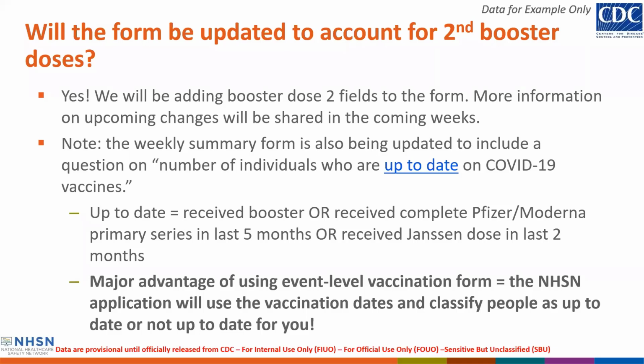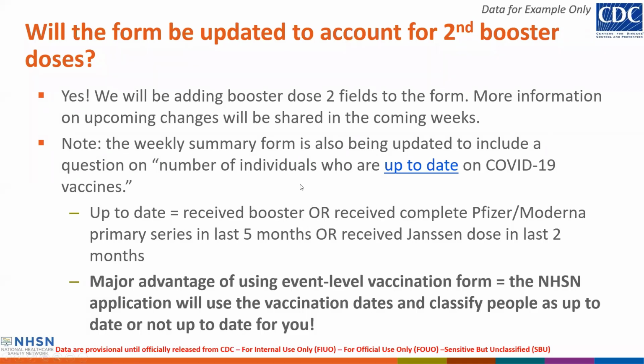So all you will have to do on your end is just continue recording the dates that individuals receive vaccination, and then the event level form on the view reporting summary and submit screen will do all of the hard work of classifying people into these categories for you and summing up the totals.